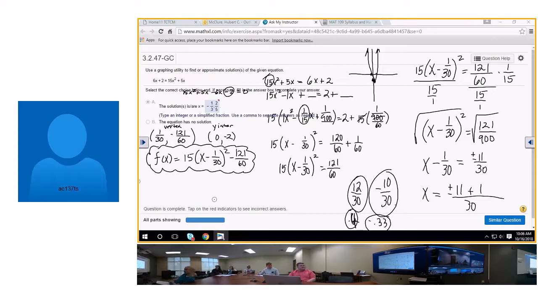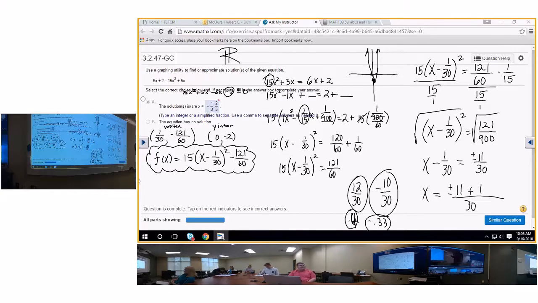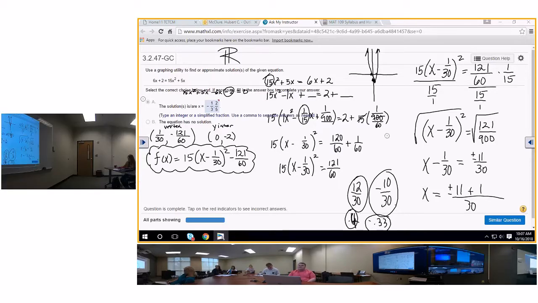What's the domain? If you miss the domain on this test, do not tell anybody, because you're putting a big sign around your neck that says, I am stupid. All right? Because all the domains on quadratics are what? Unless the directions specify different or the teacher tells you different, the domain on all of these questions is going to be all real numbers.